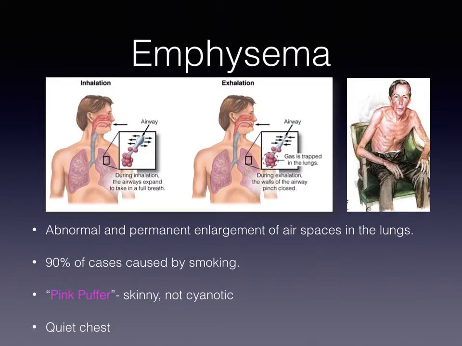Emphysema, basically here you have your pink puffer. These folks are skinny. They're not usually cyanotic. They have a very quiet chest. 90% of these cases are caused by smoking. They have abnormal and permanent enlargements of the air spaces in the lungs. And I think we've all seen this guy who just has big, boggy lungs that are enlarged but does not get cyanotic. That's why he's a pink puffer.